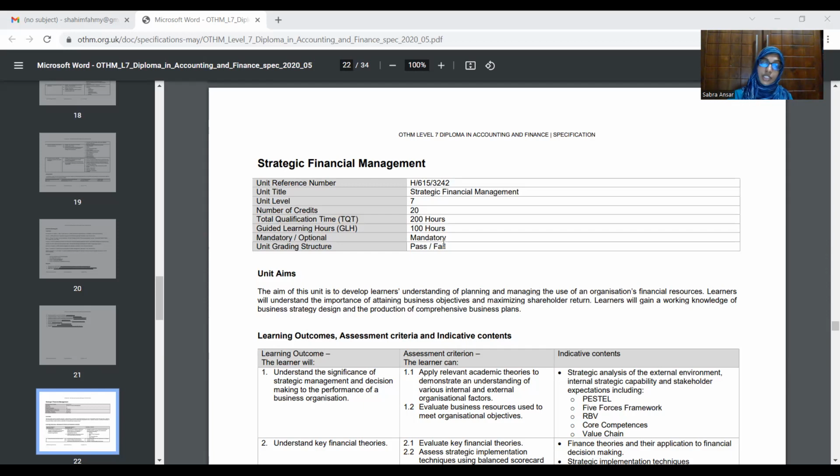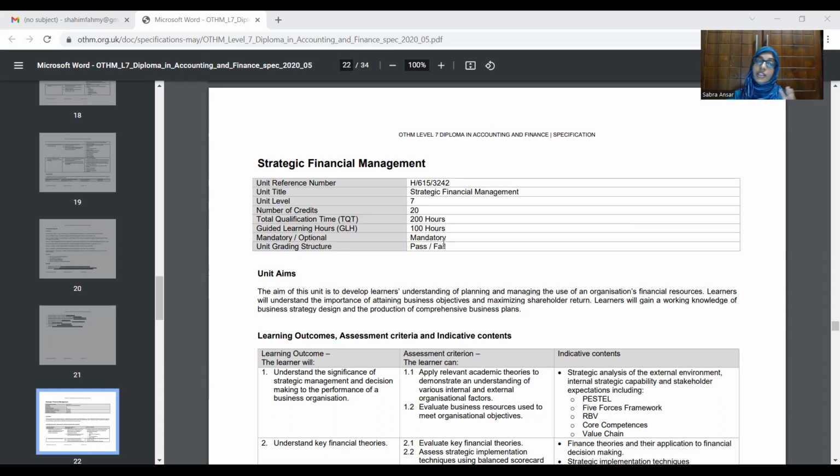The aim of this unit is to develop a learner's understanding of planning and managing the use of organizations' financial resources. Learners will understand the importance of attaining business objectives and maximizing shareholder return, and gain a working knowledge of business strategy design and the production of a comprehensive business plan.